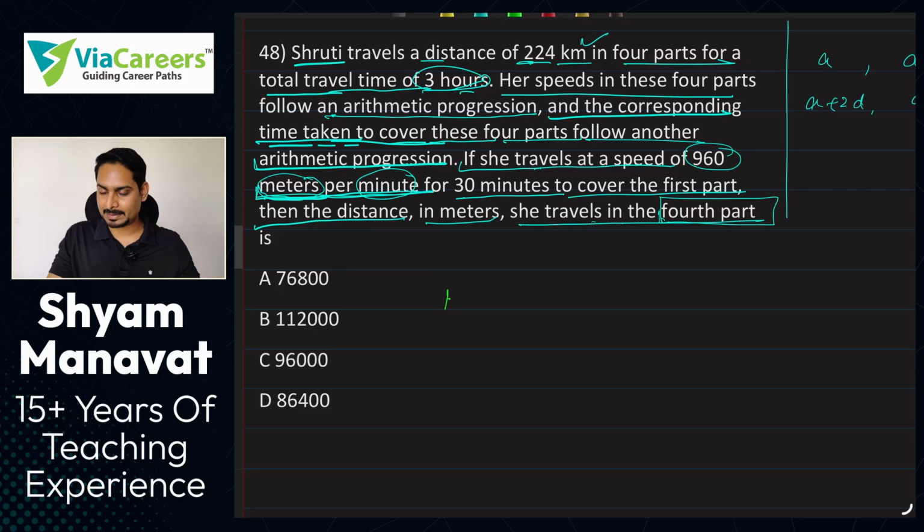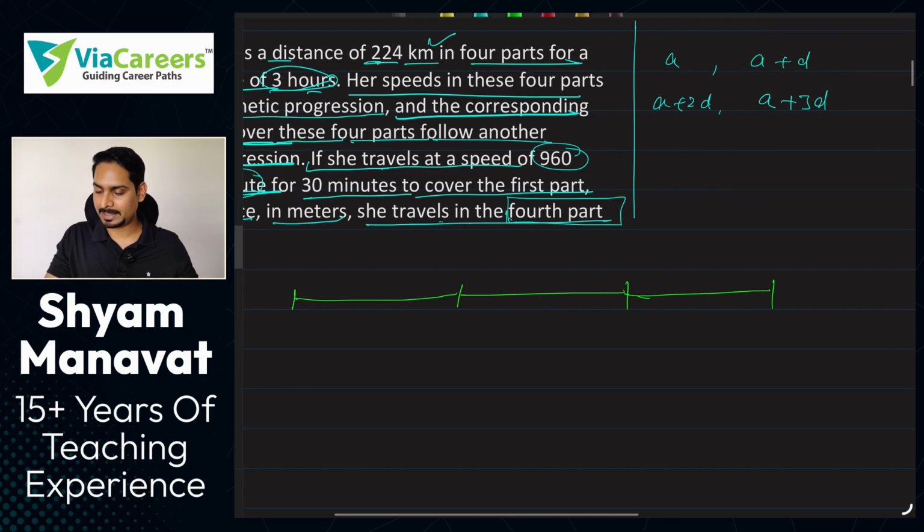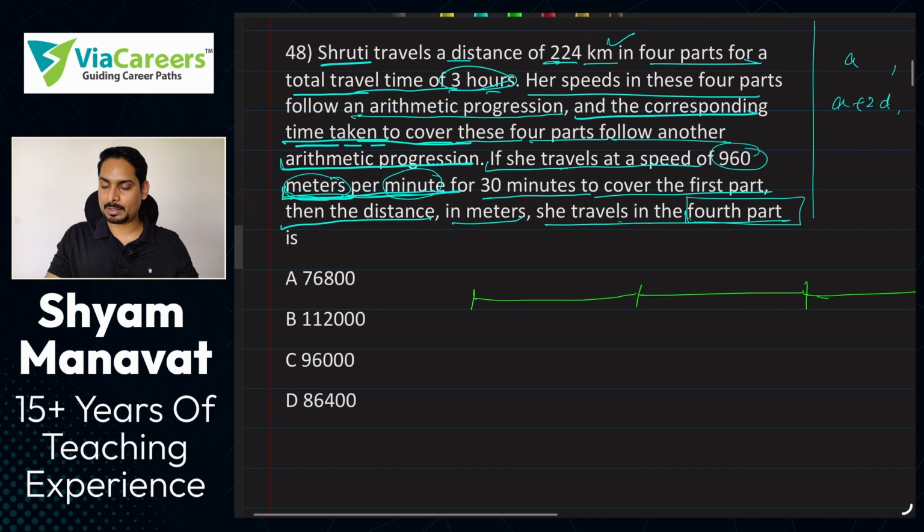First, let's say this is your part 1, this is your part 2, this is your part 3, and then you have part 4. Now, what is in arithmetic progression? Speed and time. The speed in the first part is given as 960 meters per minute.